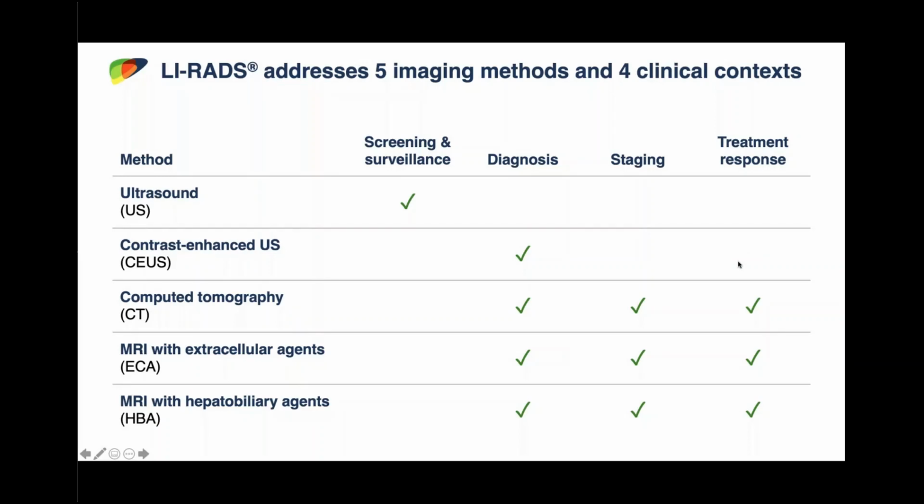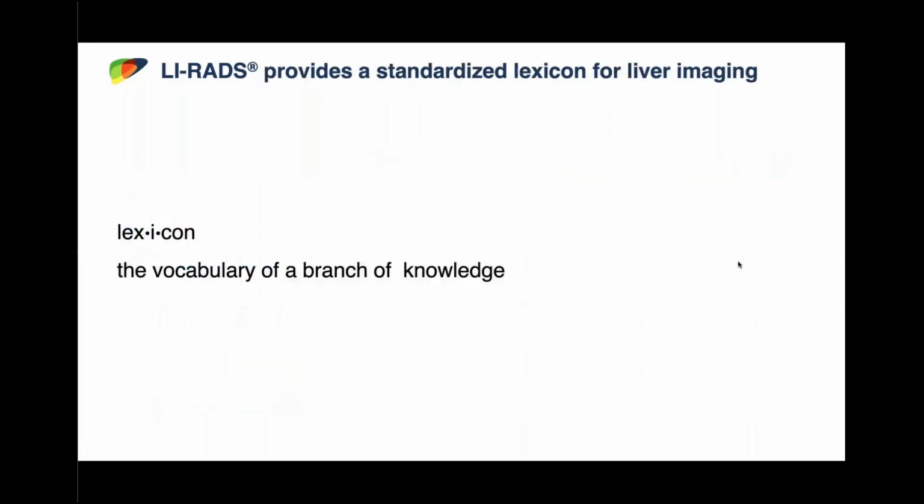Now, LI-RADS provides a standardized lexicon for liver imaging. Lexicon is defined as the vocabulary of a branch of knowledge. In this case, the branch of knowledge would be that related to liver imaging.